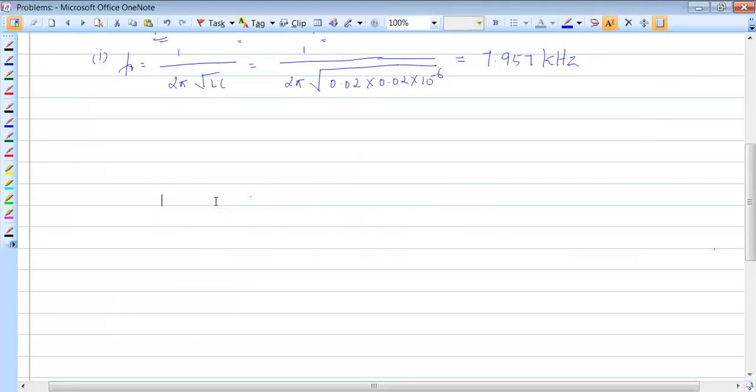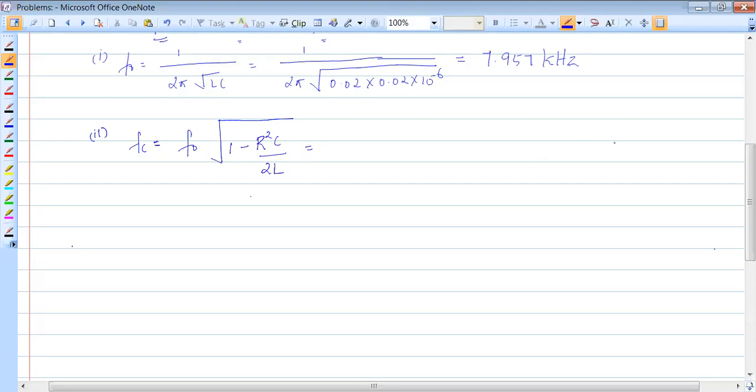us to find out the frequency FC. What is FC? FC is the frequency at which the voltage across the capacitor is maximum, and that is given by F naught into square root of 1 minus R square C by 2L.